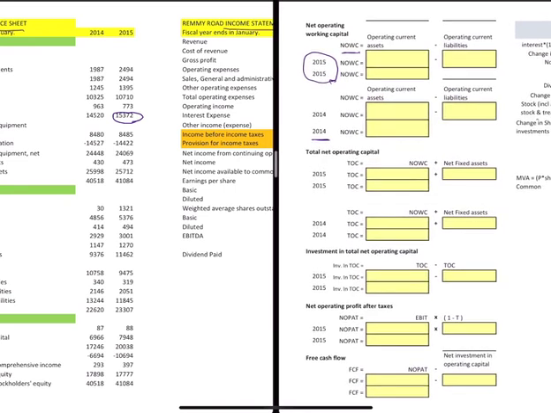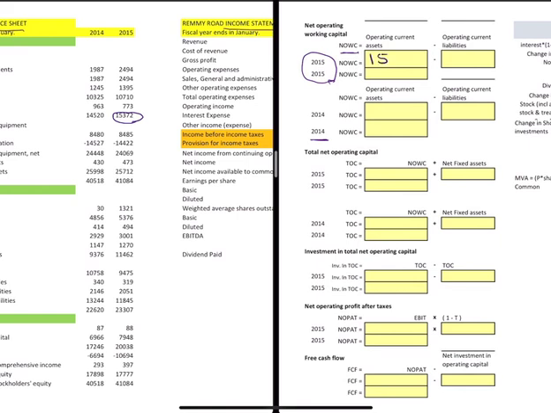So I'm going to come over here. Normally you would do this in a spreadsheet, but I'm going to put $15,572. Okay.